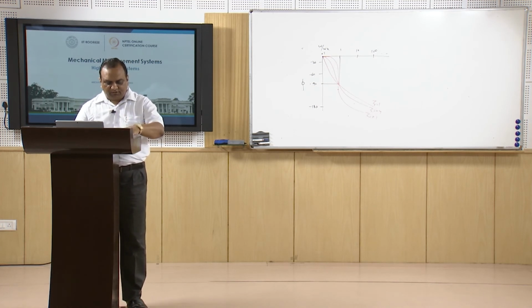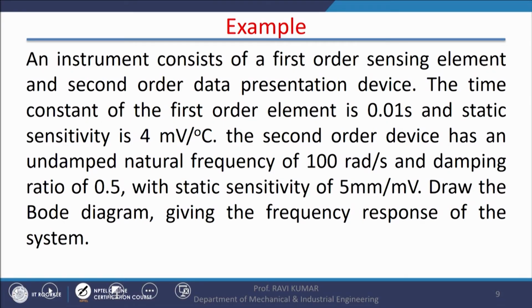After that, we can take one numerical. It states that an instrument consists of a first order sensing element and a second order presentation device. So the system is a combination of a first order system and a second order system. The time constant of the first order element is 0.01 seconds and the static sensitivity is 4 millivolts per degree centigrade.